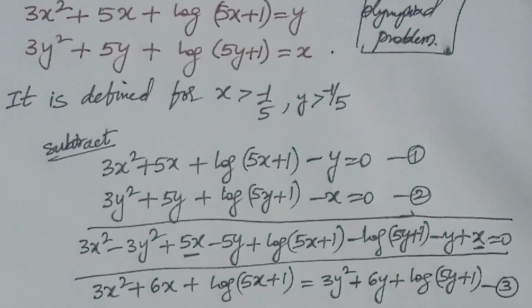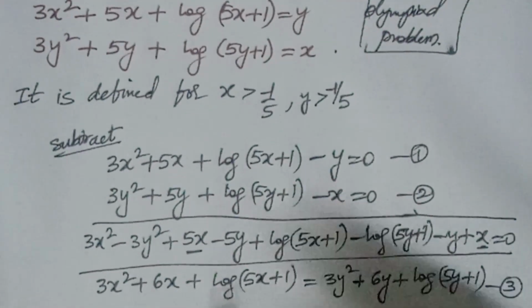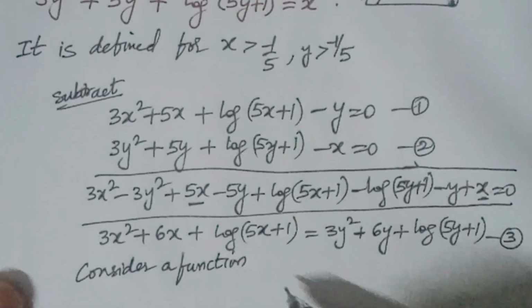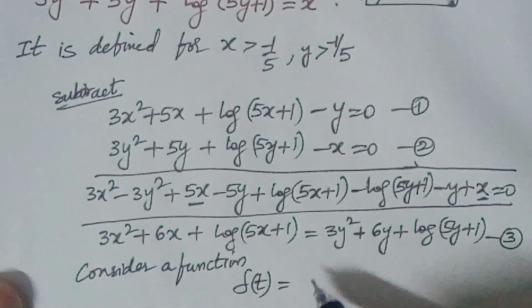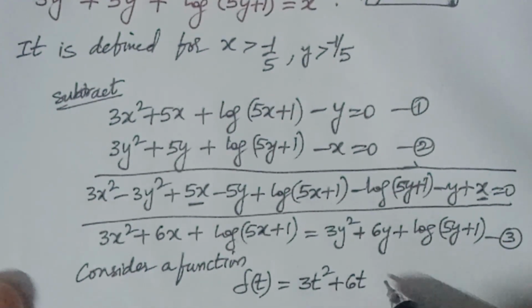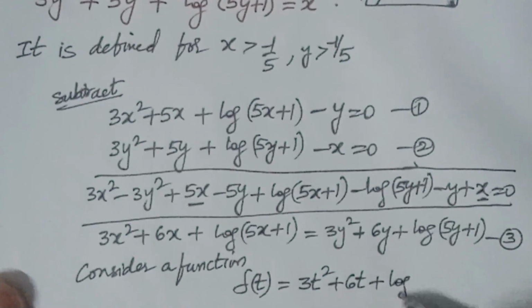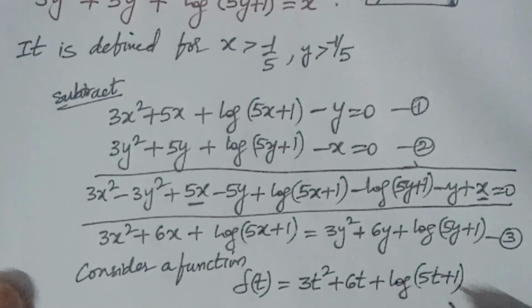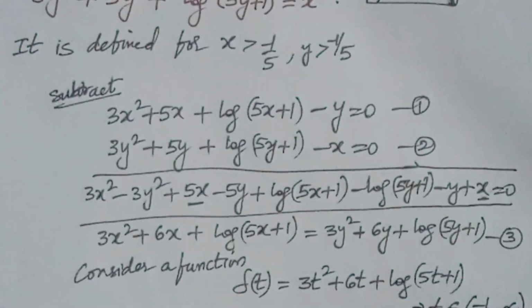Here we are going to consider a function, since both sides have the same form. Consider the function f(t) = 3t² + 6t + log(5t + 1), where t belongs to (-1/5, infinity).